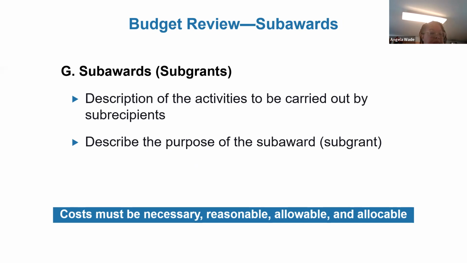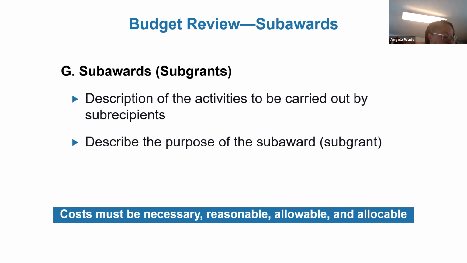Subawards. Now, there may be times with your particular grant programs that you're actually passing money down as a subaward or to a sub-recipient. So whenever you have a subaward included in your grant, you want to provide a description of the federal award activities that this particular sub-recipient or subaward is covering, and the estimated cost for this particular subaward.